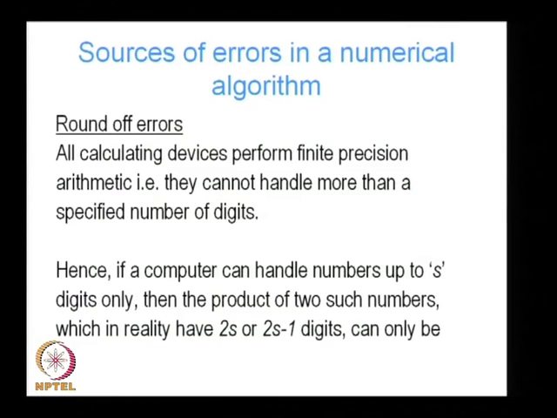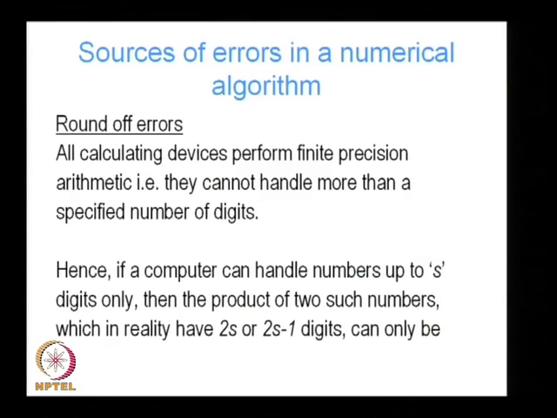All calculating devices perform finite precision arithmetic. That is, they cannot handle more than a specified number of digits. For instance, if a computer can handle numbers up to s digits only, then the product of two such numbers, which in reality have 2s or 2s minus 1 digits, is affected.